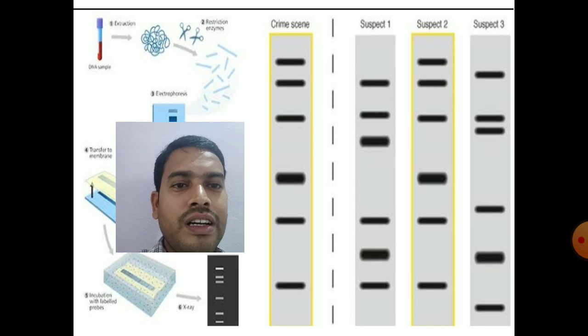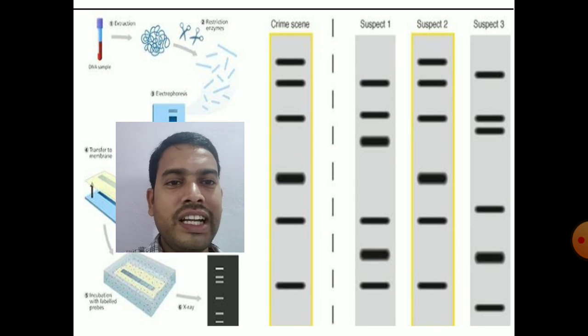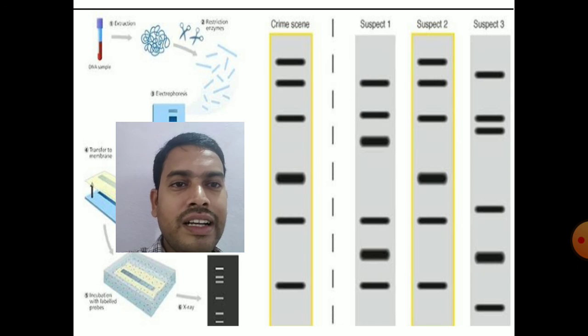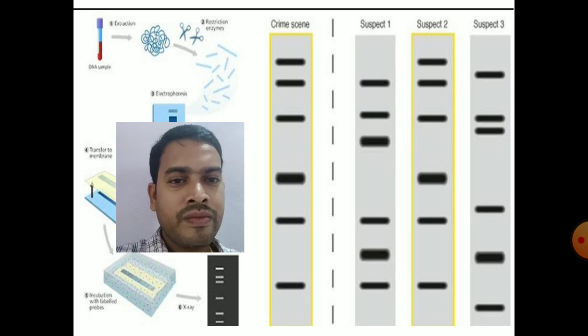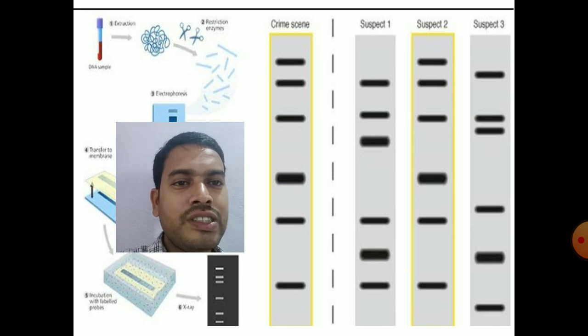From these four samples, you can clearly see the band pattern of the crime scene and the band pattern of suspect 2 are similar. So it shows clearly that the crime was committed by suspect 2.